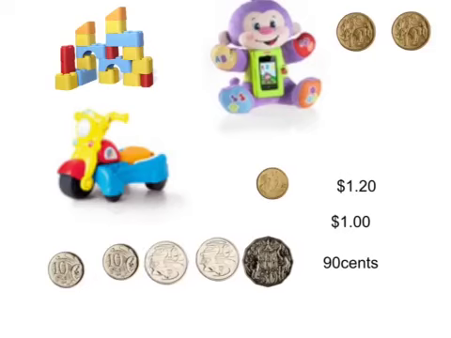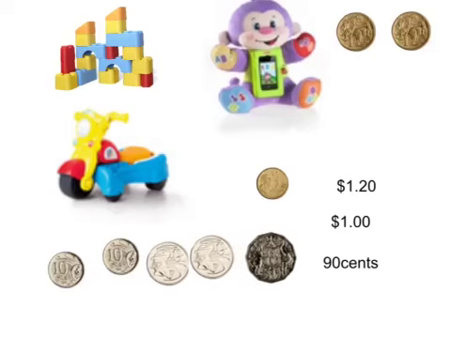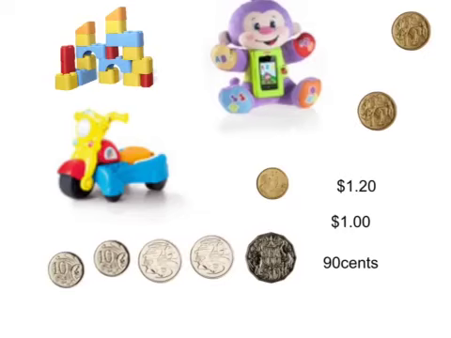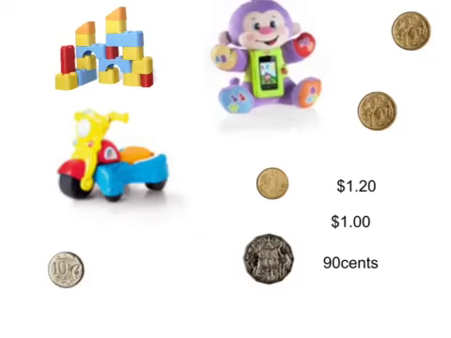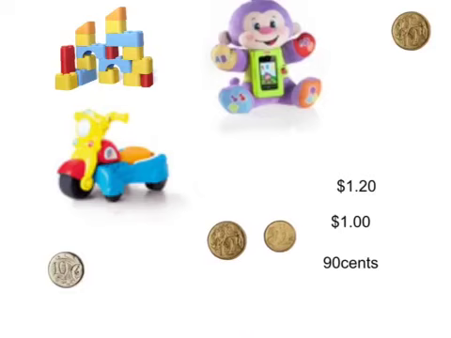This dollar here that's made up of all these coins, we can replace with one of these. So let's actually make these ones disappear because we don't want them at all. So let's get rid of them. Goodbye. And goodbye. Now we replace it with one of these. We bring this one over here.